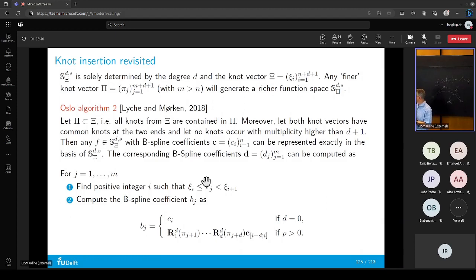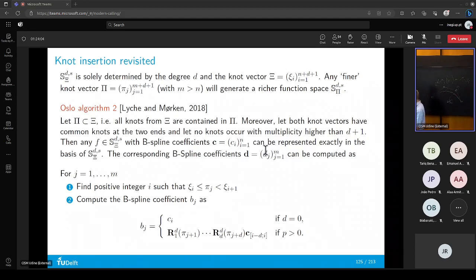Well, the technical things are needed because if we have one knot vector and the other is completely different, then it's not knot insertion, it's mapping from one space into the other. But if we have a knot vector and a refined one, so this one is nested in the finer one, then something called the Oslo algorithm applies.